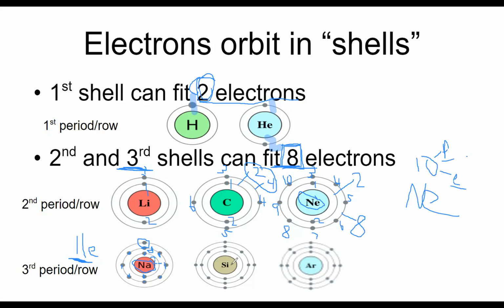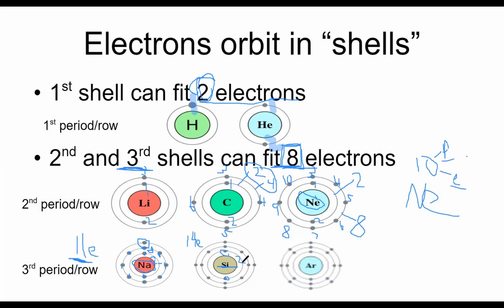If we jump forward a little bit, silicon has an atomic number of 14. So silicon has 14 electrons. If we fill in the electron shells of silicon, we've got our 2 on the first shell, right?